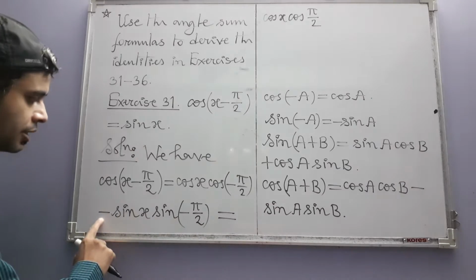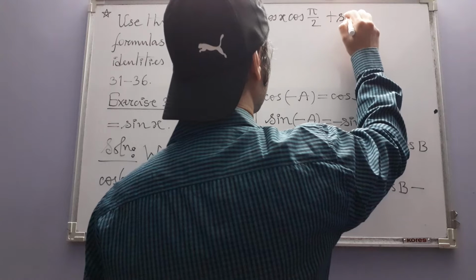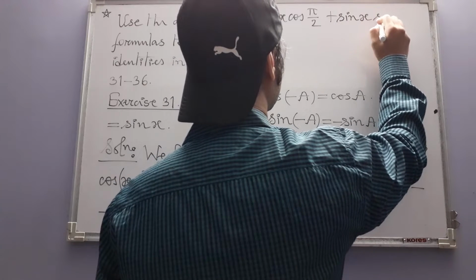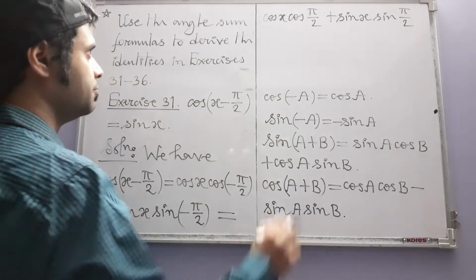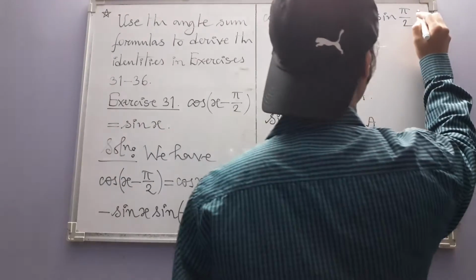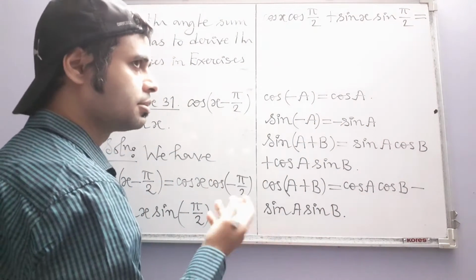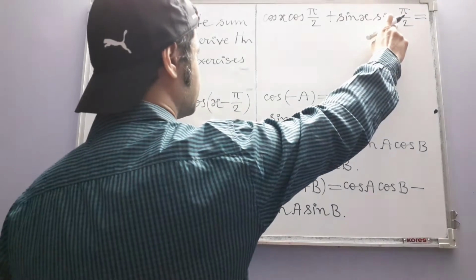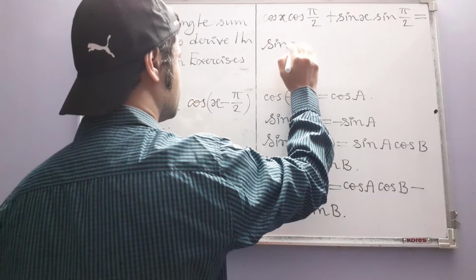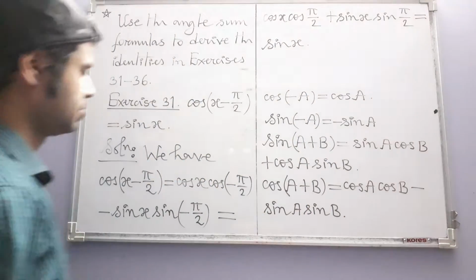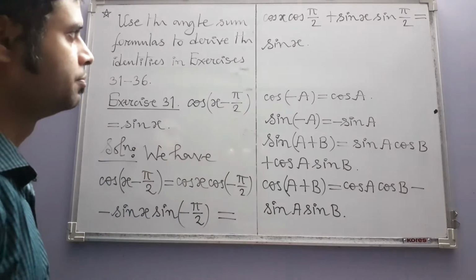That minus and this minus would give you plus sine x sine pi over 2, and this thing equals, now we know what cos pi over 2 is. It is 0 and sin pi over 2 is 1. So that means it is sin x. So that's how we have sin x, which is what we wanted to show.